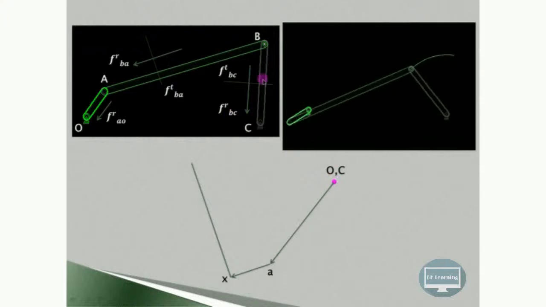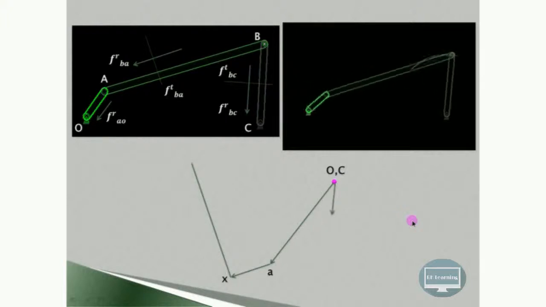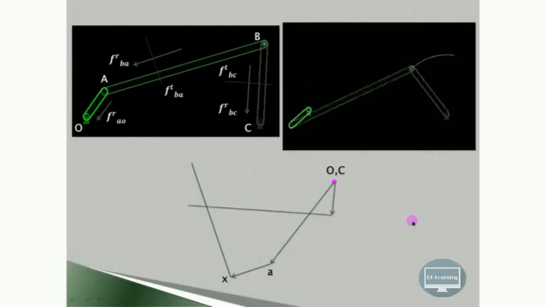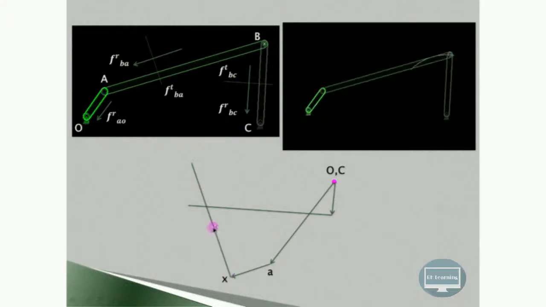So from the C point, draw a line parallel to this vector and in the direction as shown over here. Now draw a line parallel to this vector representing the tangential acceleration. So this tangential vector is nothing but FTBA, and this tangential vector is nothing but FTBC.